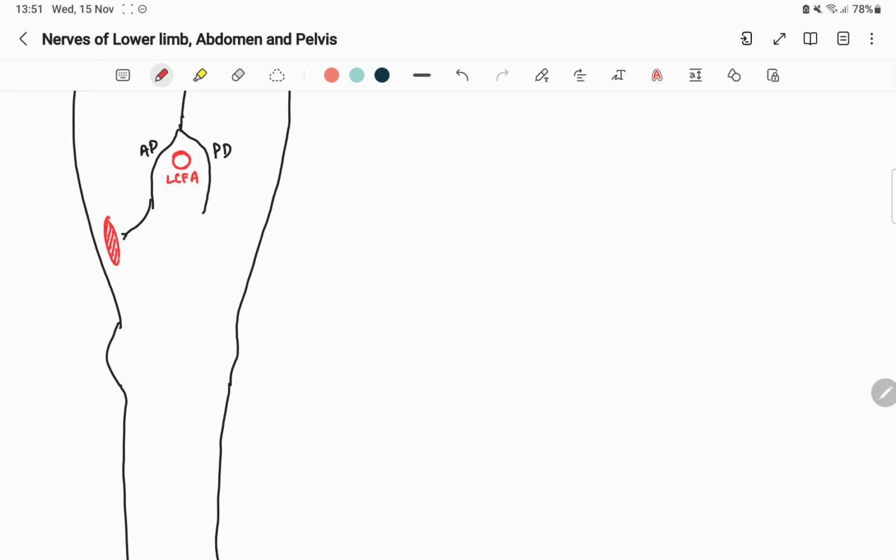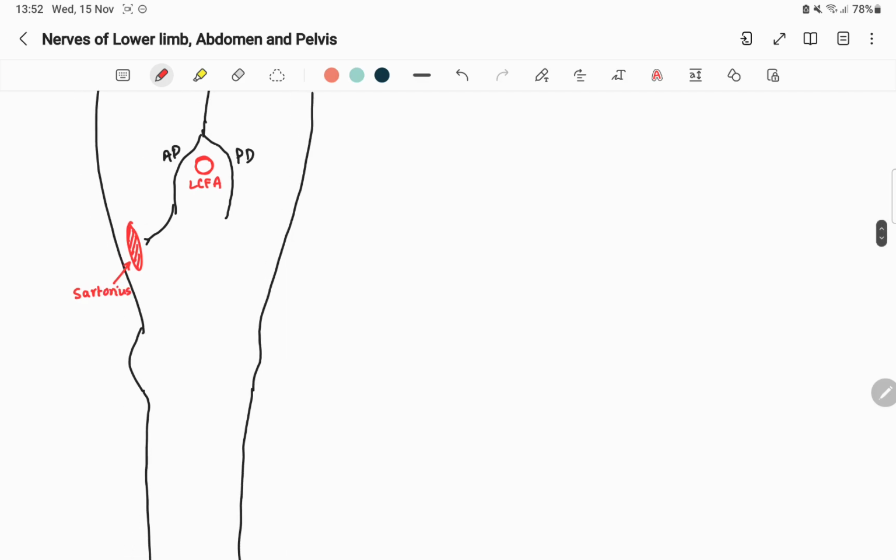Then it will continue and form the ICNT and MCNT.